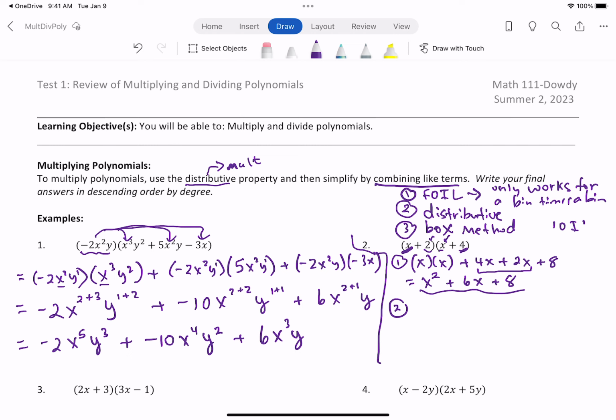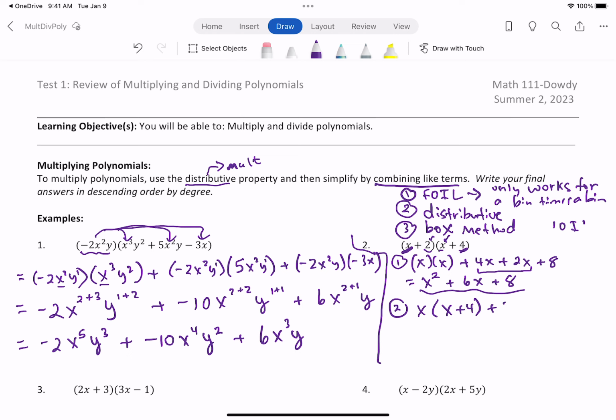You can also use the distributive property. So this time we don't just have a monomial that's being multiplied, it's a binomial. So that means we take the first term in that x plus 2 binomial and multiply it times the x plus 4.